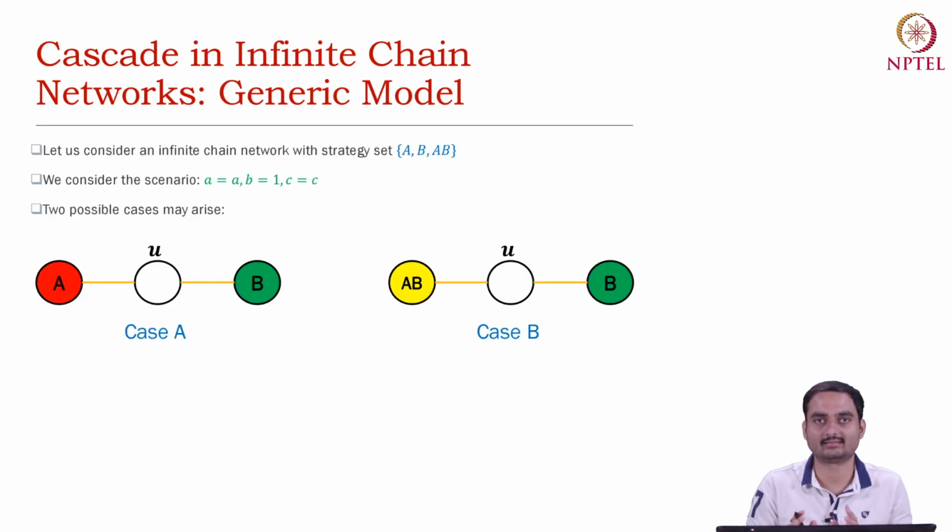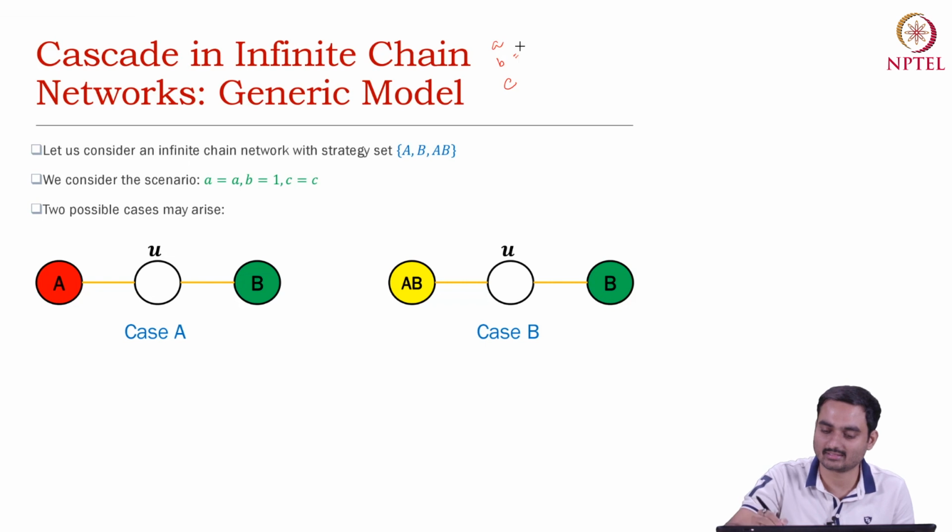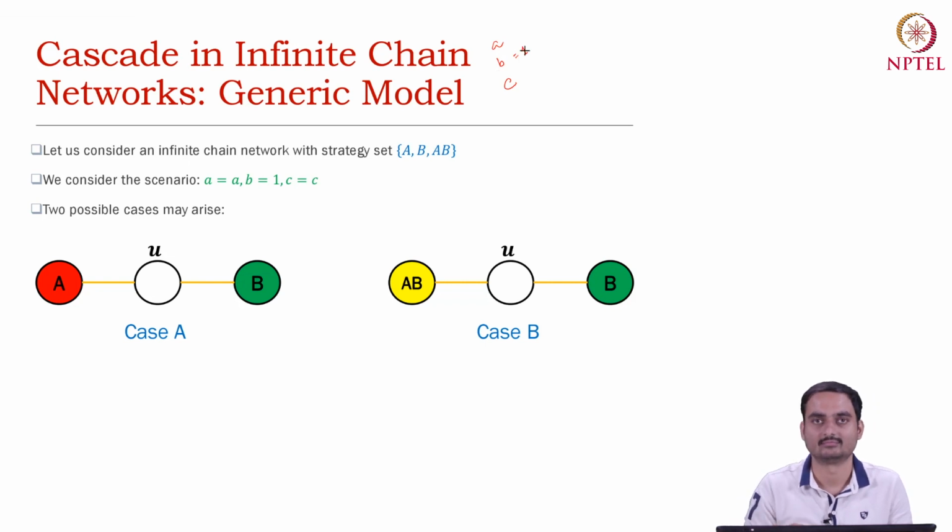Now let's make this generic. We have three parameters, and let's make one parameter fixed. Let's assume that B is 1, A is A and C is C. How can you do that?